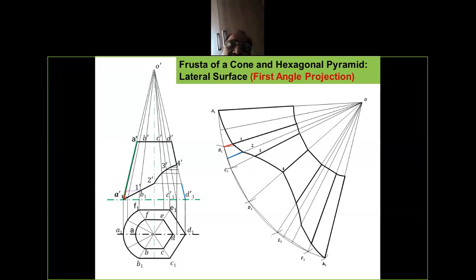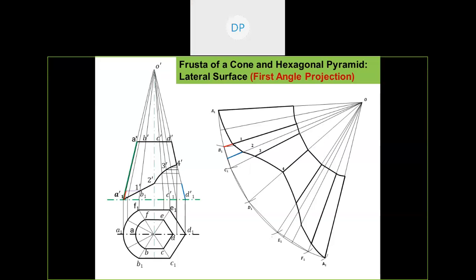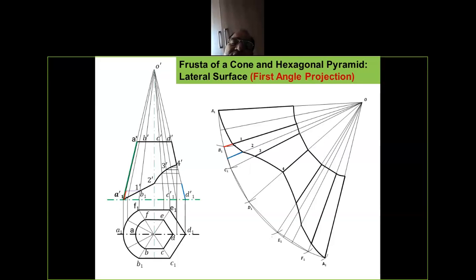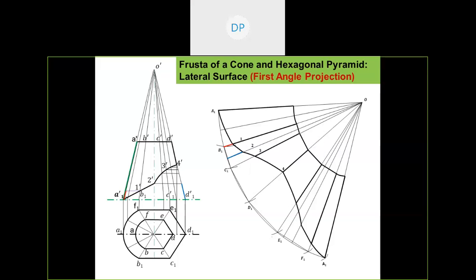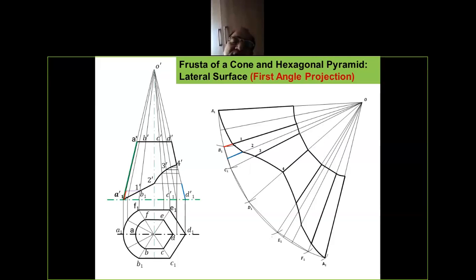So now we can develop its positions. First of all, we take the slant height, O dash A dash, as the length, and with this we draw a circle, an arc.